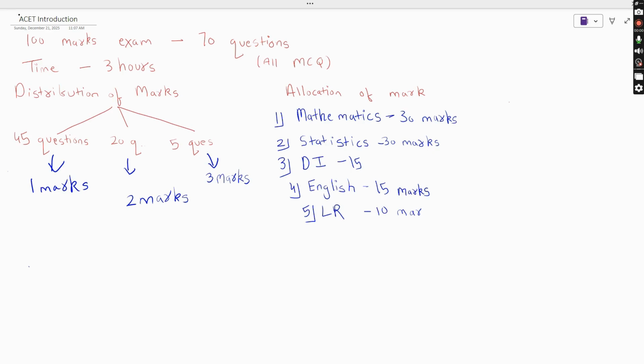English is 15, and LR, being the smallest, has 10 marks weightage. So as you can see, the most important aspect of the syllabus is mathematics and statistics. The distribution of marks also shows that 60 marks, that is 60% of the paper, is given to only mathematics and statistics.